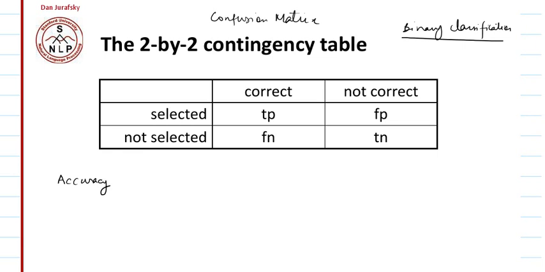These are the true labels, the true correct class and the true not correct class, and this is the predicted, and this is also the predicted. So this table tells us the total number of true classes. True classes means, if this is positive and this is negative, we are having two classes, positive and negative.